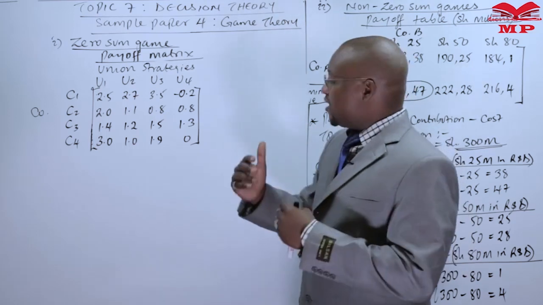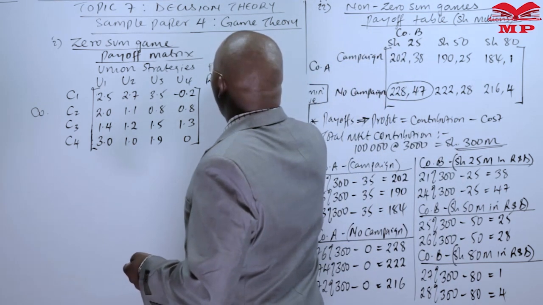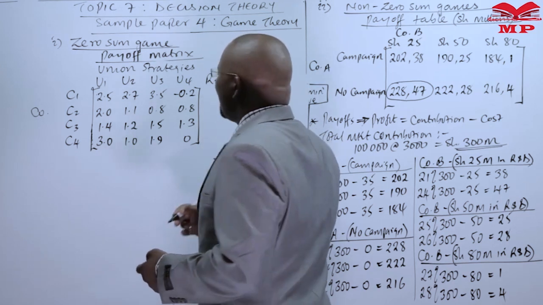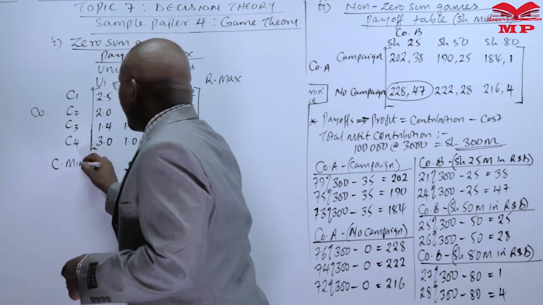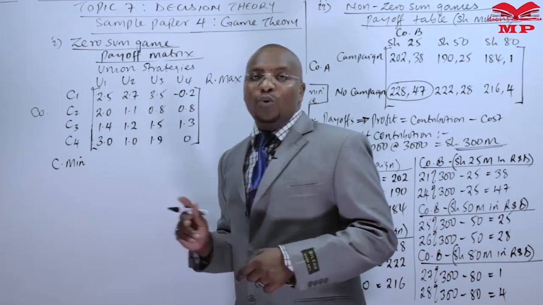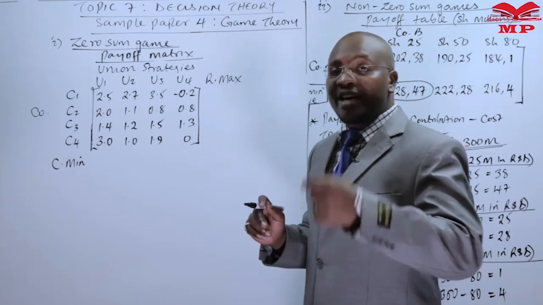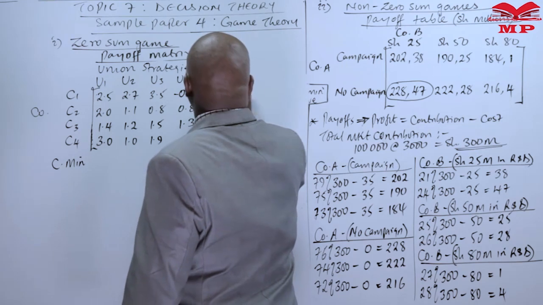We do the opposite. So instead of looking at the row minimum, we do the row maximum, because the argument should be the same, that we are looking at the worst scenario. Now, the worst for the company is when they are awarding a very high wage increase. So the worst here is when they are awarding 3.5.